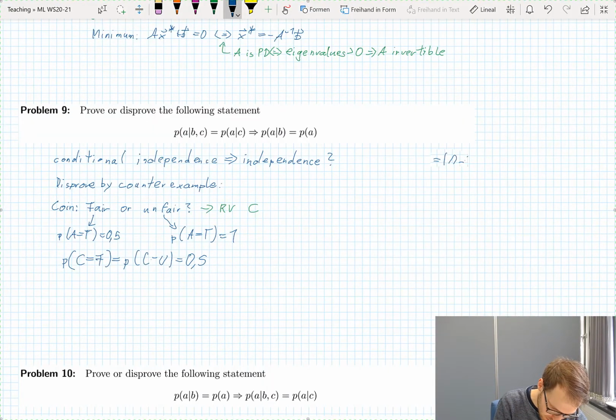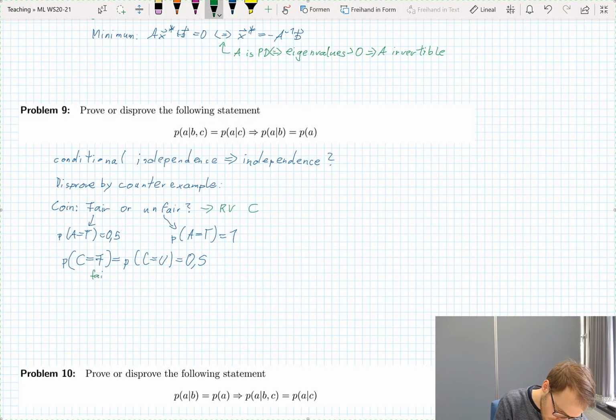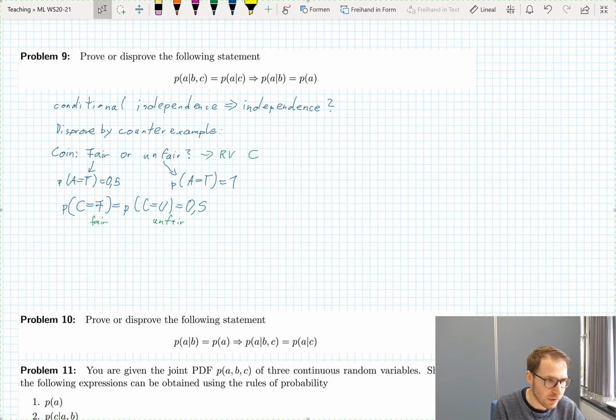I'll do commas here because they're easier to read. So this means fair, and this means unfair. I mean, you could also call it biased. But yeah, I'll call it unfair. Anyway, so we do coin tosses.